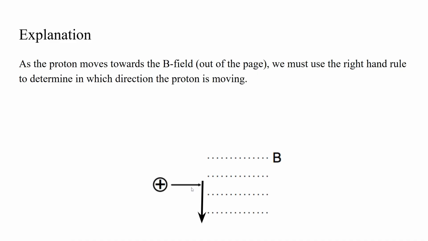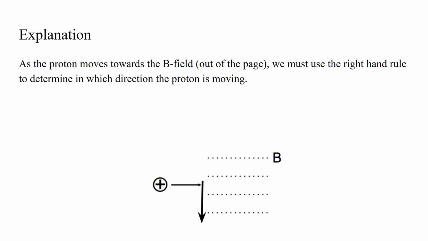The rest of our four fingers represent the direction of the B field. Since the B field is coming out of the page, our four fingers should be pointing towards us, while our thumb is still pointing to the right. Our palm should represent the direction of the force. Since our palm is facing down, the force from the magnetic field is downwards.